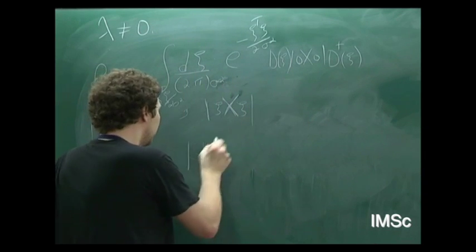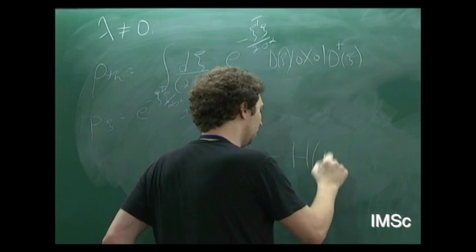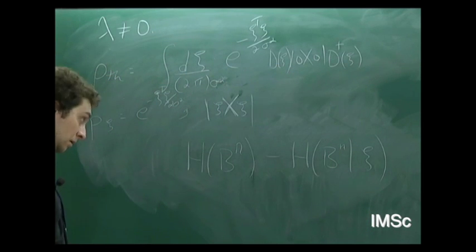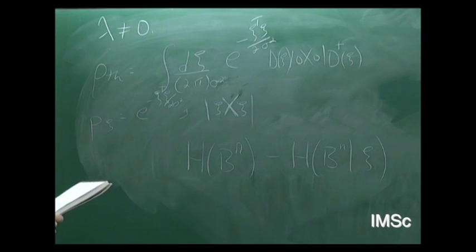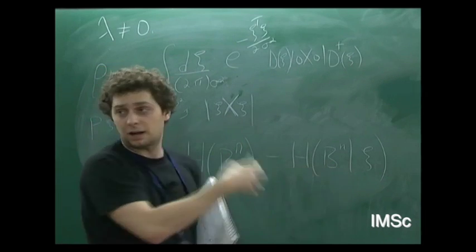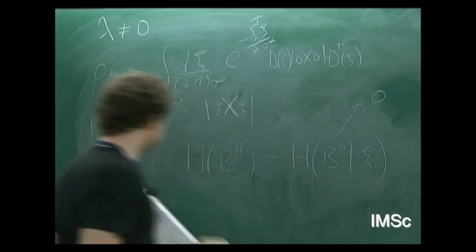So it's going to be the entropy of B to the n minus the entropy of B to the n given this xi. Now the nice thing about coherent states is that when you attenuate them, they're still coherent states. They stay pure. So again, if I tell you which state you've got, the entropy of the output of the channel is still going to be 0. So this term is equal to 0.